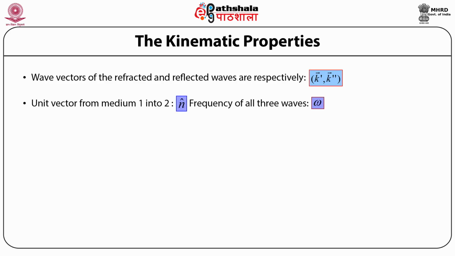Now the unit vector from medium 1 into medium 2 is n cap, and the frequency of all three waves, the incident, the reflected and the refracted, is omega.